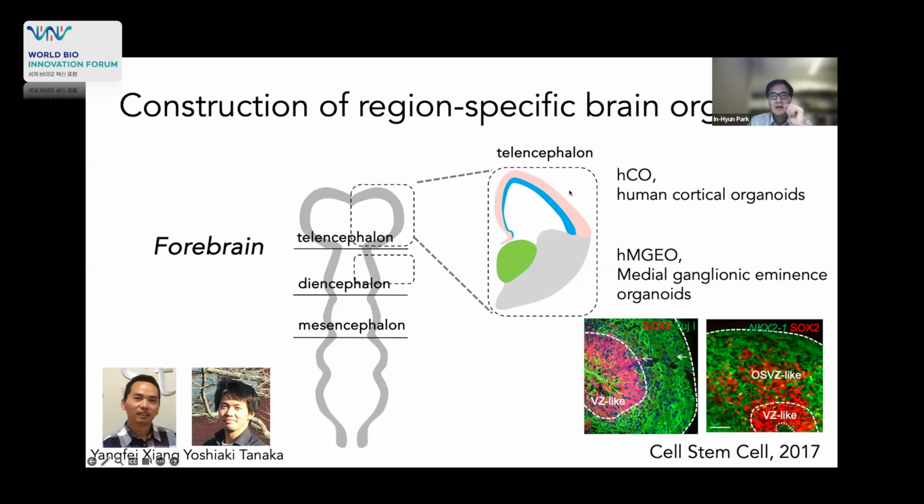We also used a ventralizing morphogen called sonic hedgehog to ventralize cortical organoids to produce ventral organoids. We simply named them human medial ganglionic eminence organoids. These organoids form the ventricular zone, as shown here, but as you can see, they also make not complete, but extensive enough laminar layers of cortex.